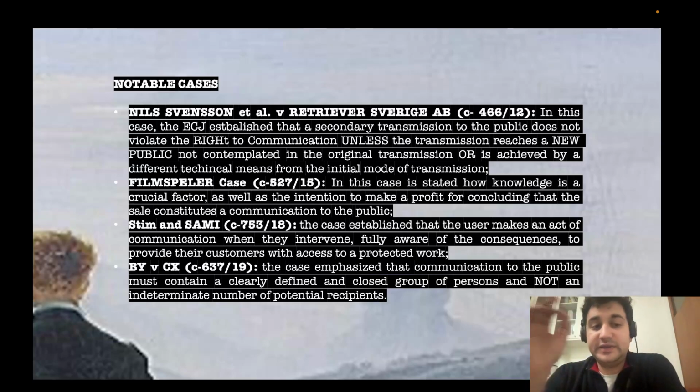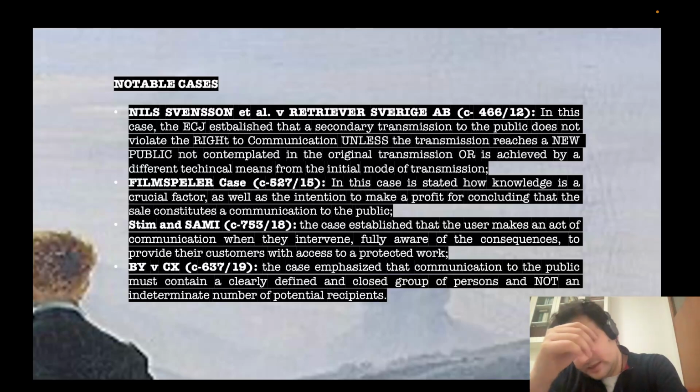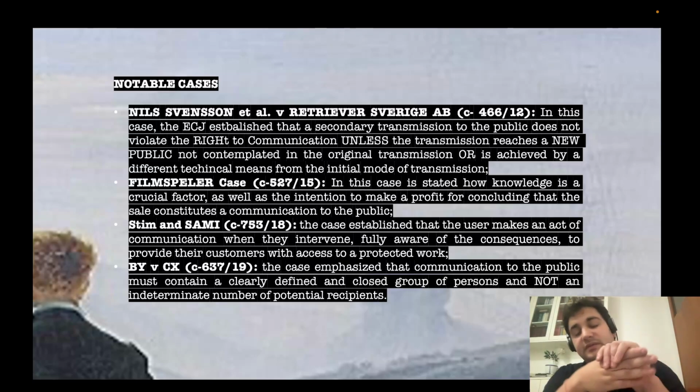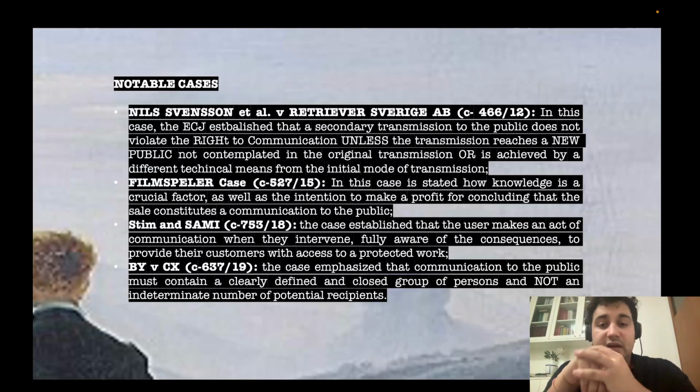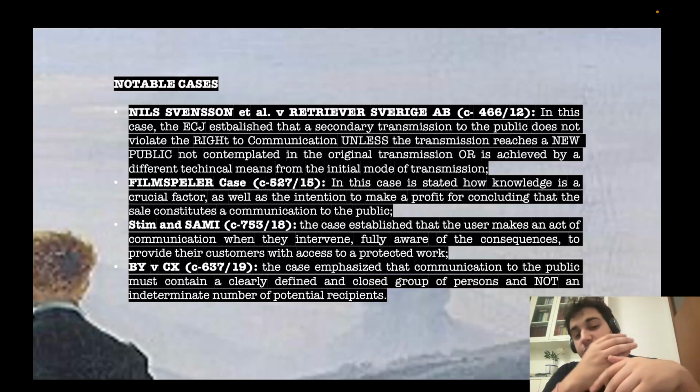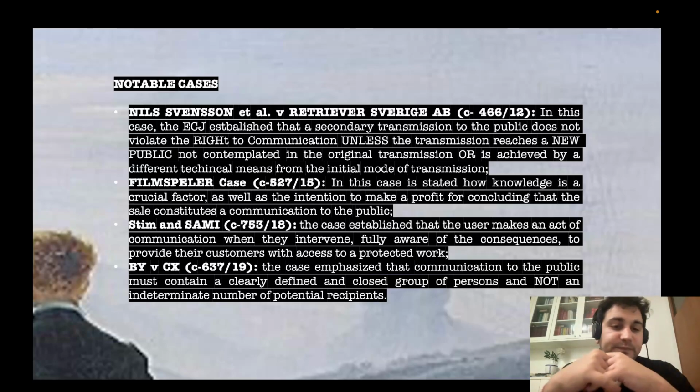Then, the Filmspeler case, that is C-527/15. In that case, it stated that knowledge is a crucial factor, as well as the intention to make profit, for concluding if the sale constitutes communication to the public.